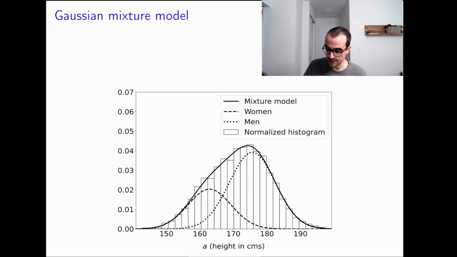And this gives us this shape, which produces a very decent fit to the population. So that's basically a Gaussian mixture model. If you were in more than one dimension, you would do exactly the same, except that the conditional Gaussians would be multidimensional. Otherwise, same idea for Gaussian random vectors.